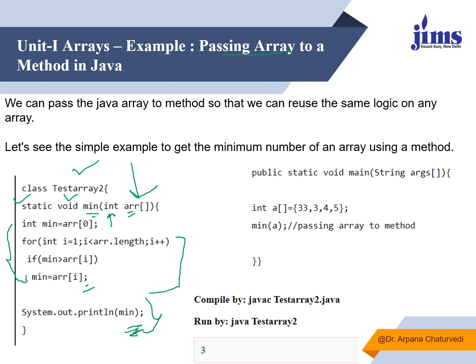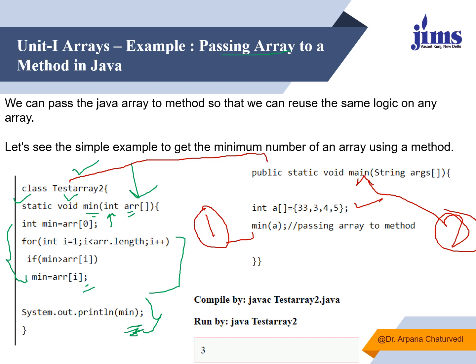So this is a class. Now within this class I have one member function, and another member function which I have is main. With this main I have one more array. The name of the array is a, having elements 33, 3, 4, 5, and I am calling the function min. I am not using an object of the class because it is lying within this TestArray class only, where two functions are there, min and main.